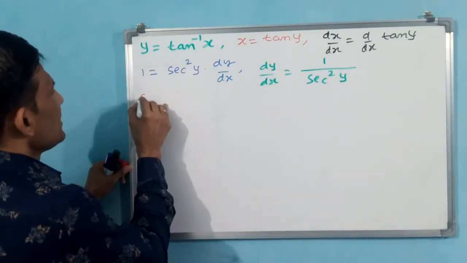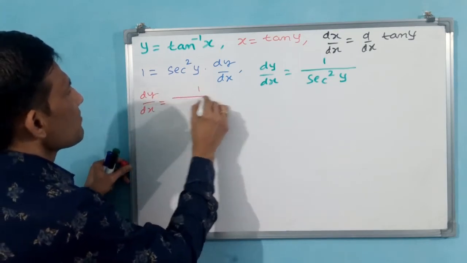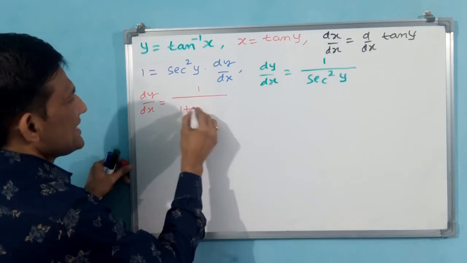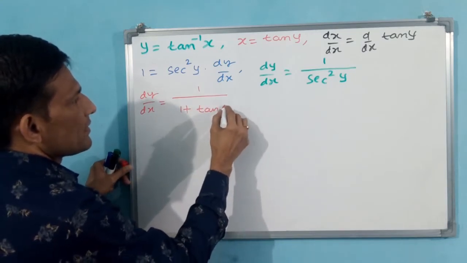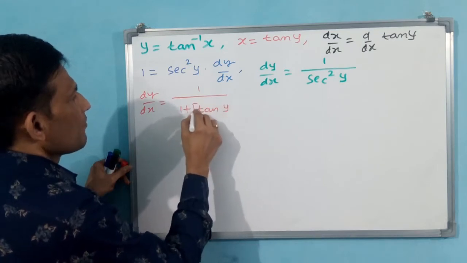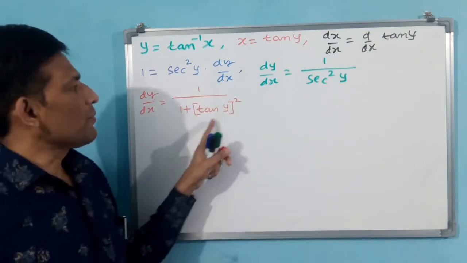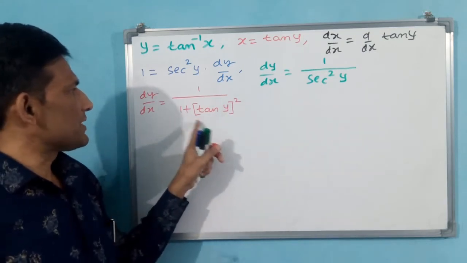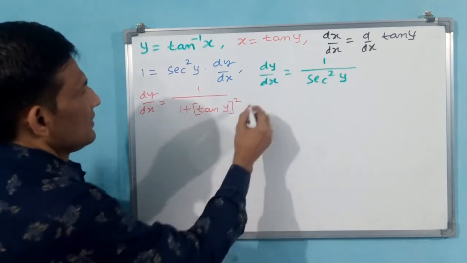You see what I am writing? dy by dx is equal to 1 by 1 plus tan square y. Secant square y is equal to 1 plus tan square y, that is 1 plus tan y whole square.